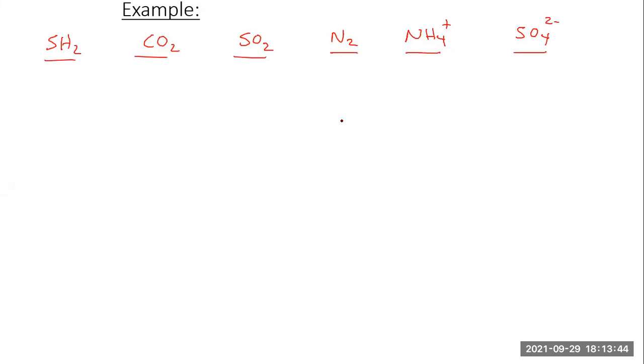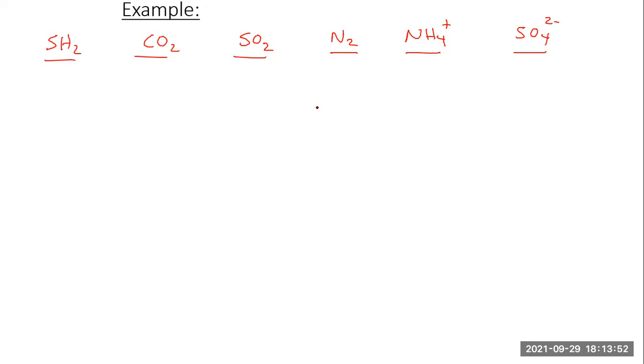Why don't you take a few moments and draw the following: let's do SH2, CO2, SO2, N2, and why not, NH4 plus, and SO4 2 minus. Take a few moments, draw a proper Lewis structure for each of these, and in a few minutes we will take a look and see how you did.